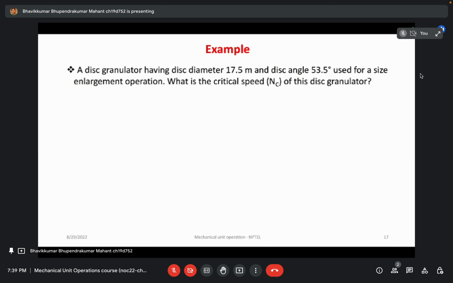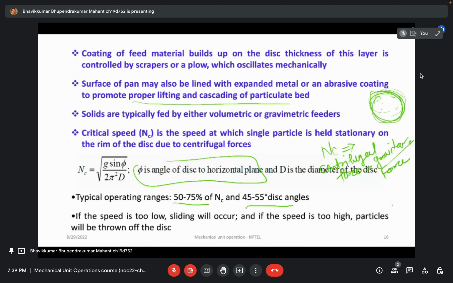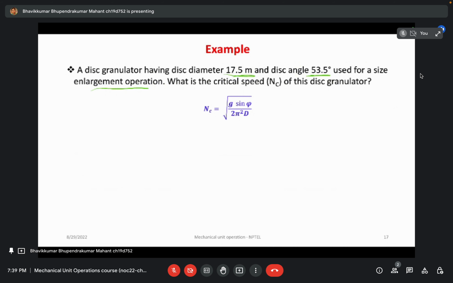Now we have one example here on the basis of a disc granulator. It's a disc granulator having a disc diameter of 17.5 meters and an angle of 53.5 degrees, used for a size enlargement operation. So what is the critical speed of this disc granulator? Here we are using the typical critical speed formula which we just saw, the square root of g sin phi upon 2 pi squared d. So this is the same formula. Here we apply g as 9.81, and sin phi with 53.5 degrees.